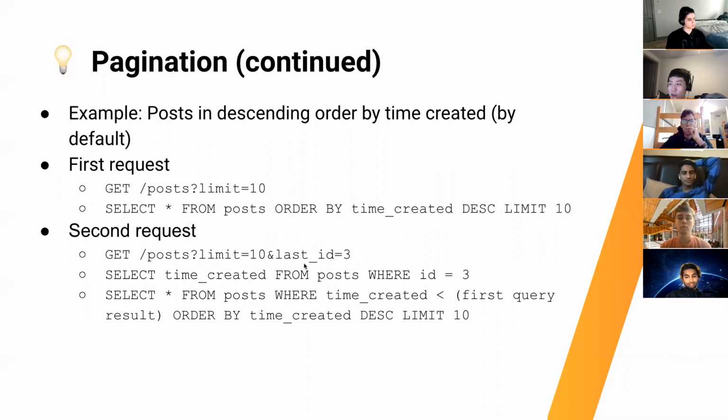But this will still work, right? You could just keep this post somewhere else, because all you need is the time it was created. If you keep that data around, it wouldn't be an issue even if it was deleted. You would just put some logic in your backend to say, if this post was deleted, then I'll go somewhere else to find that.